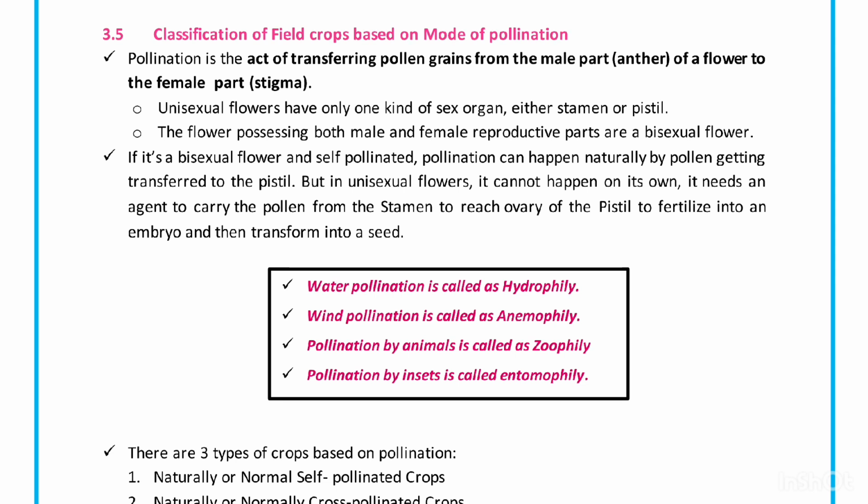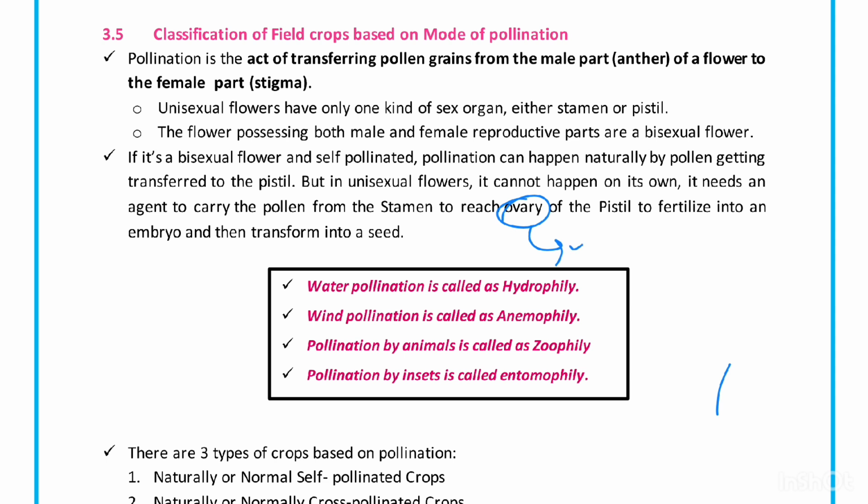The carpel comprises the stigma, the upper part, then the style, and the bulb-like structure here is the ovary. Ovary is very important because ultimately the ovary forms seeds.